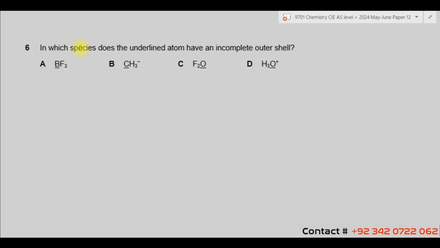Question number 6. In which species does the underlined atom have incomplete outer shell? We have different options. Let's start with BF3. Boron is present in group 3. It has atomic number 5. So there are 3 electrons in the outermost shell. Boron makes 3 single covalent bonds with 3 fluorine atoms.